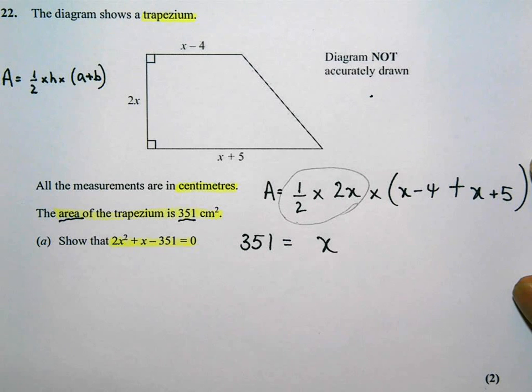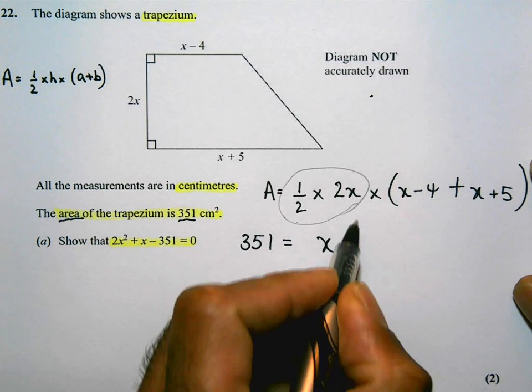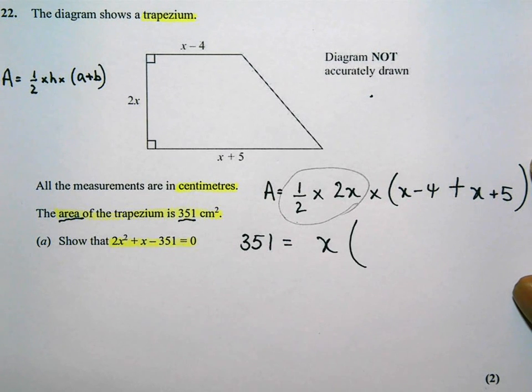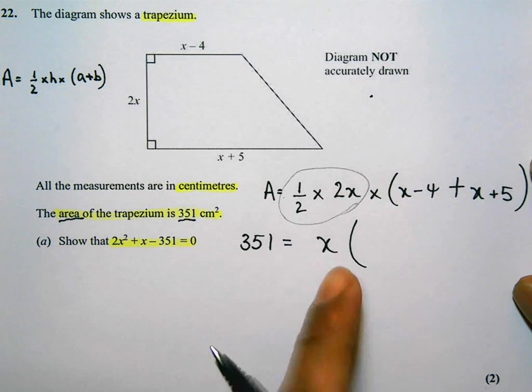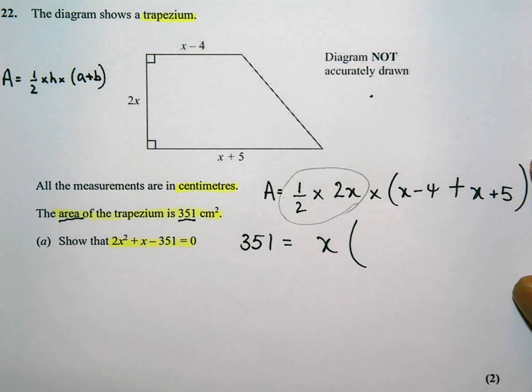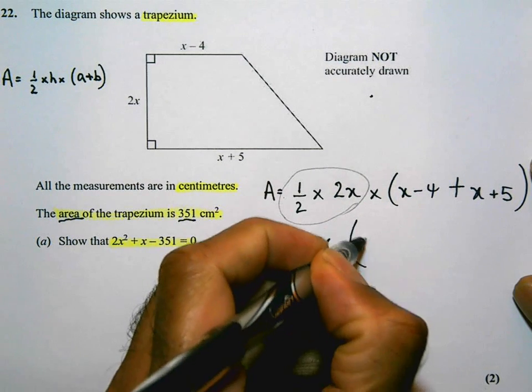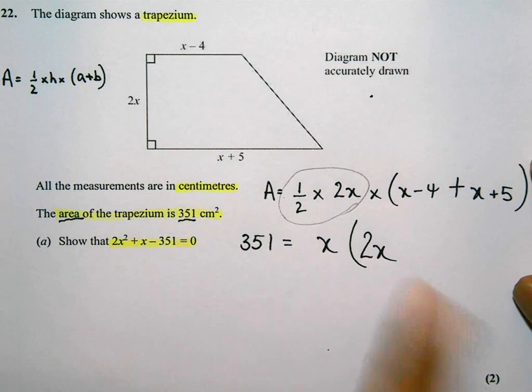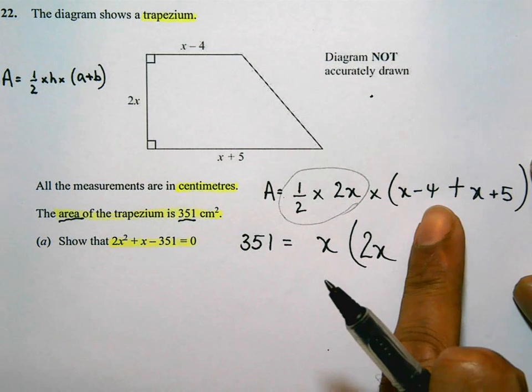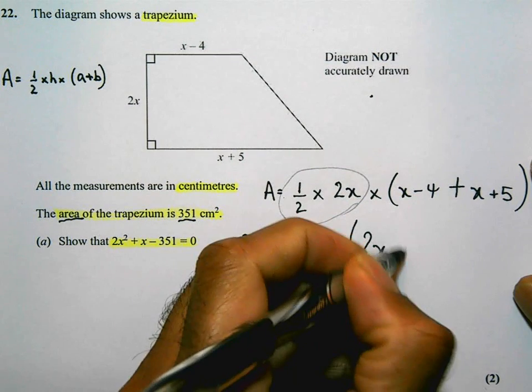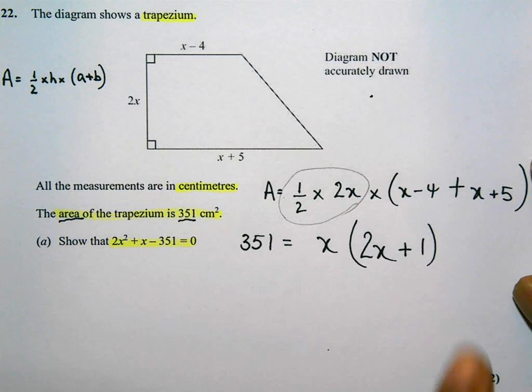And I'm not going to put the times sign, I'm just going to put a bracket. So this here works out to x, and now I'm going to tidy up the inside. x plus x is 2x, and minus 4 plus 5 is plus 1. So actually you could see that this becomes quite neat. It does become quite tidy.